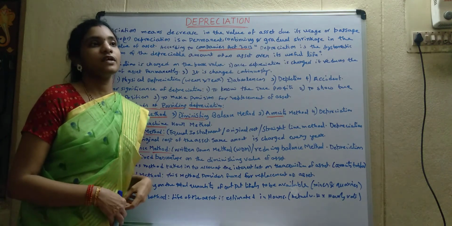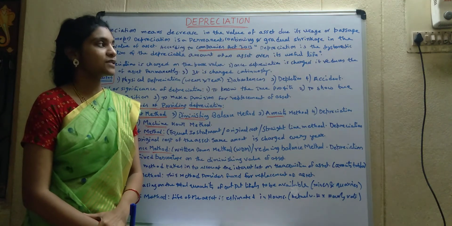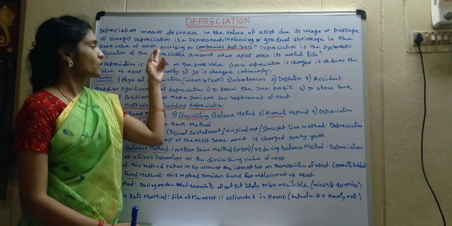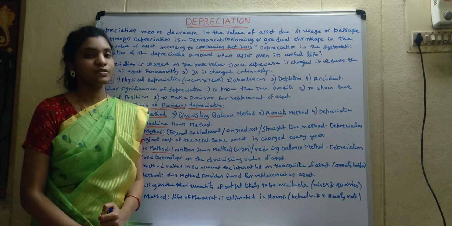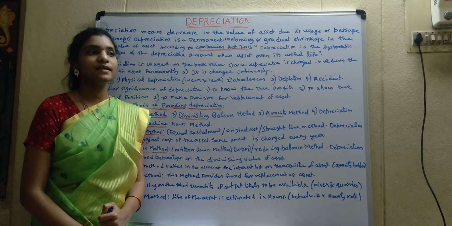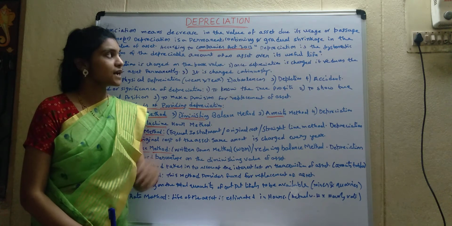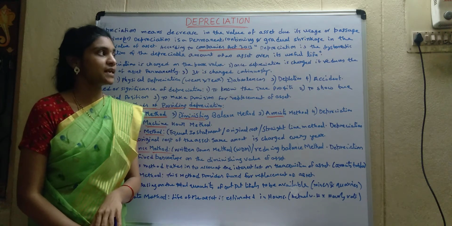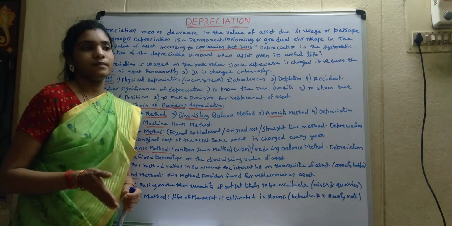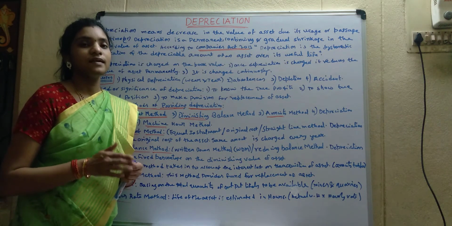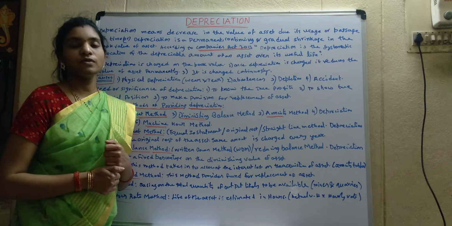Or else we can also say depreciation is a permanent, continuing and gradual shrinkage in the book value of an asset. An asset doesn't decrease in a day. It is a continuing and gradual shrinkage in the book value, year by year. The value of the asset goes on decreasing.